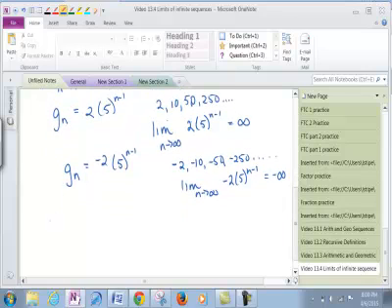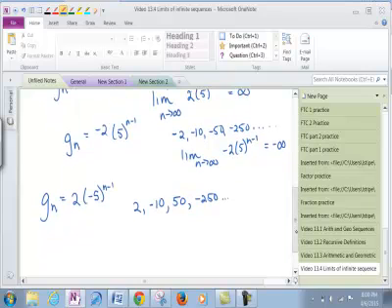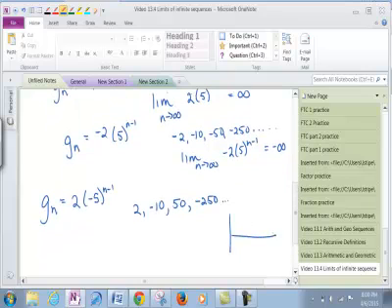Okay, last example I want to look at is what happens if the first term is 2, but now the ratio is negative instead of positive. And so this time, we've seen this before, what happens is that the terms of the sequence bounce back and forth. If we pictured a graph of this, so here is a graph.